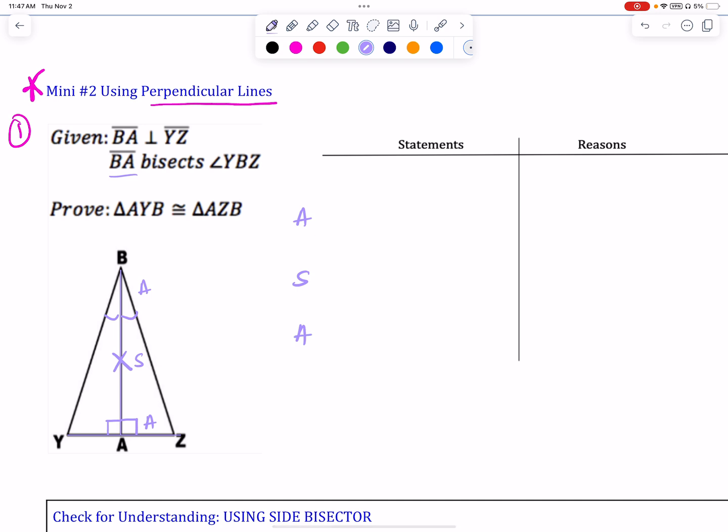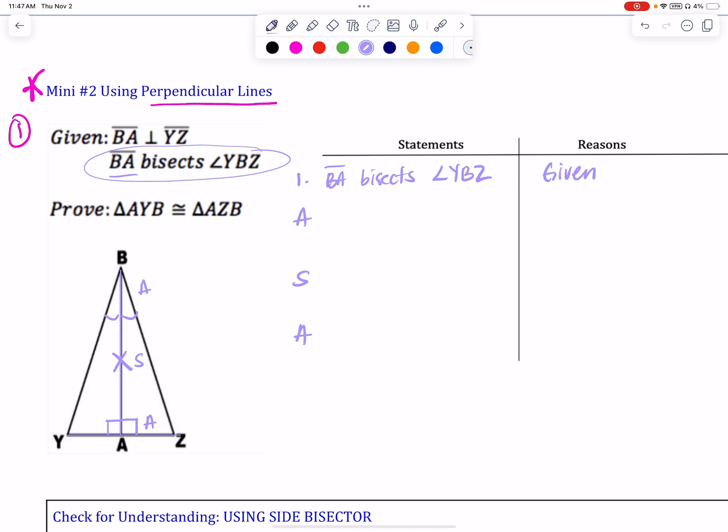I'm going to write it loosely. So first, let's start with the bisected angle. First, BA bisects angle YBZ, and that's a given.